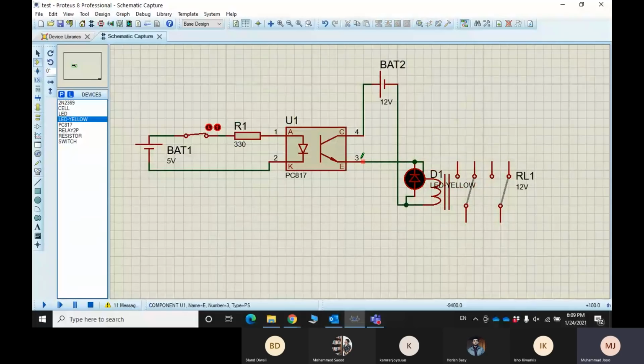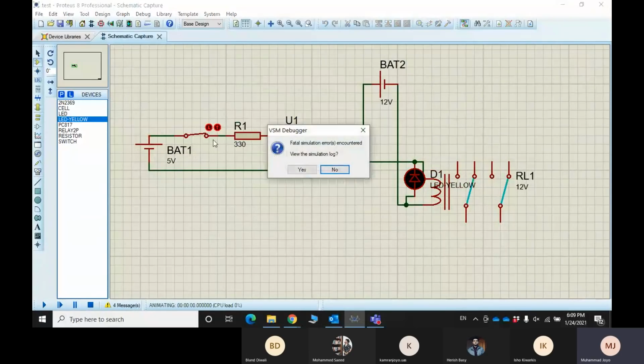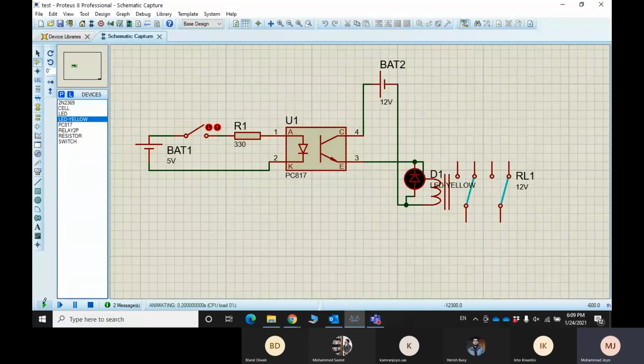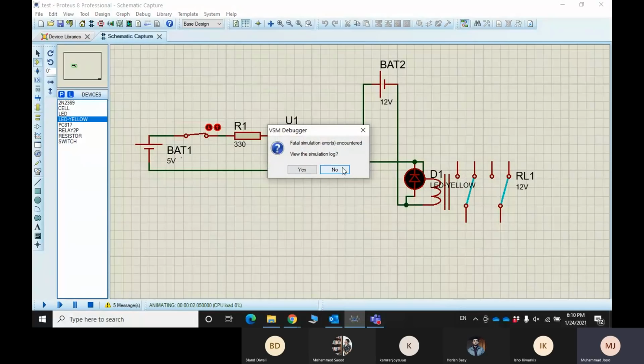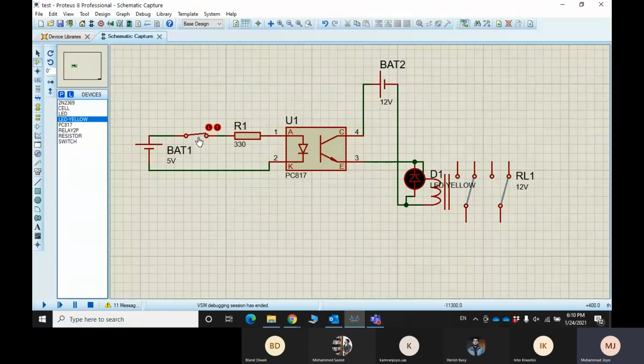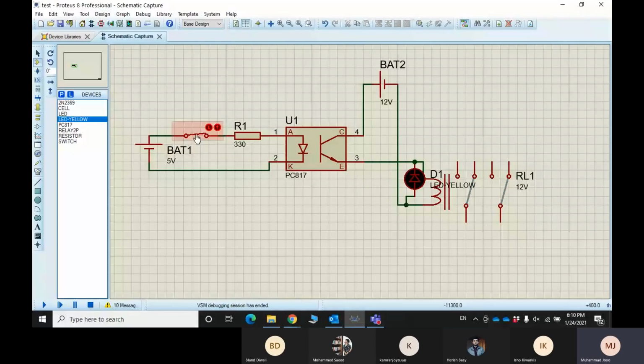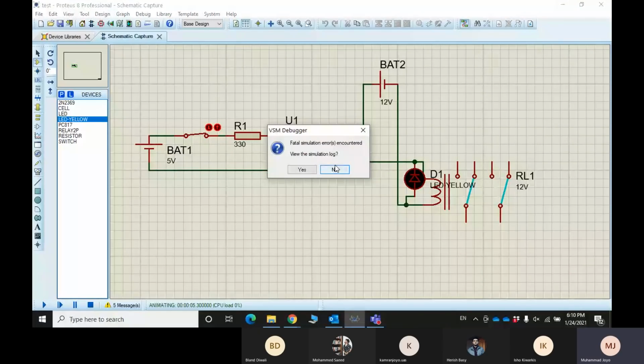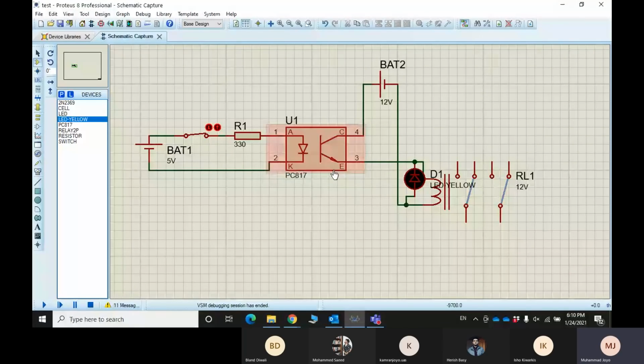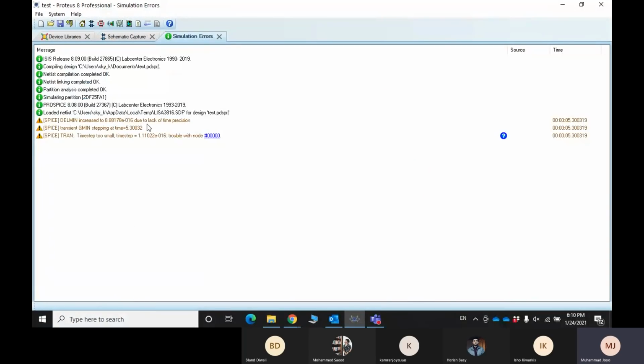Attach it over here. Let's see what happens. Okay, I'm having some issues. I'm not sure what the issues are.